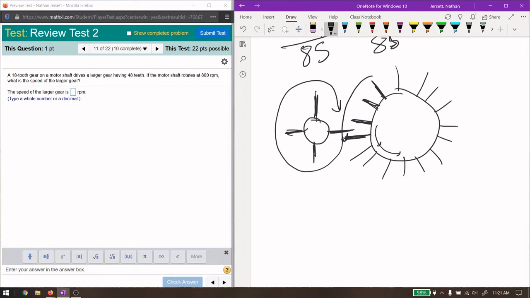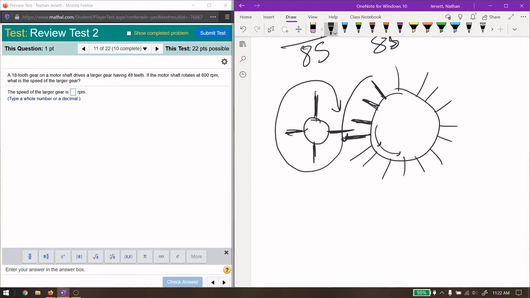As one goes faster, the speed of the larger gear goes faster, but not in the same direct speed. I hope that makes sense. Or let me say it this way. As the gear teeth increase, the speed at which it rotates decreases.